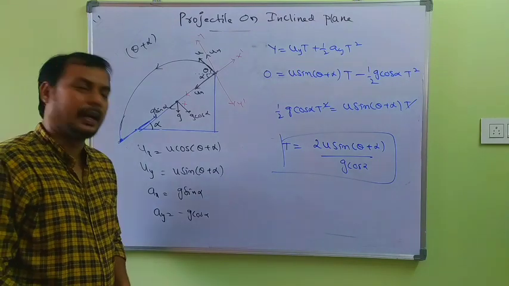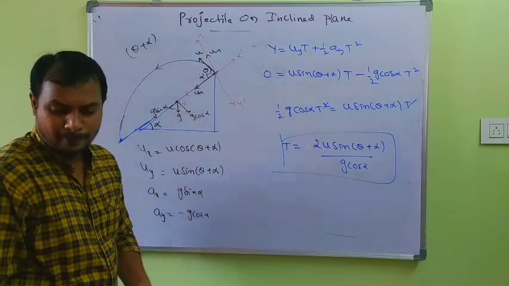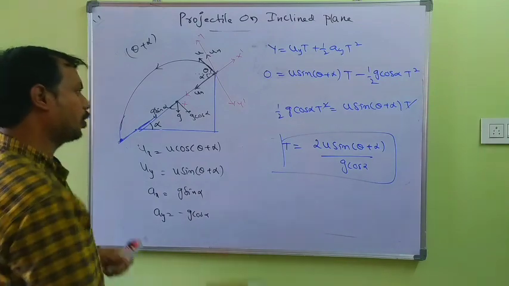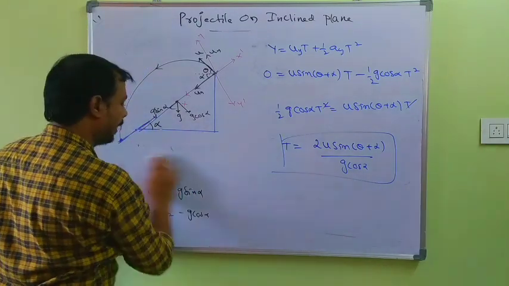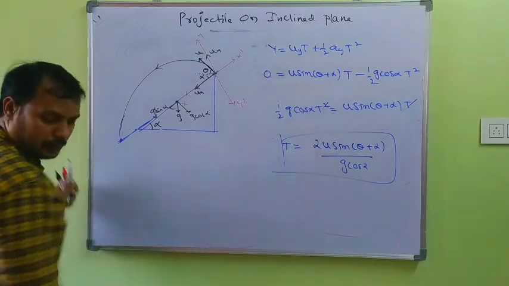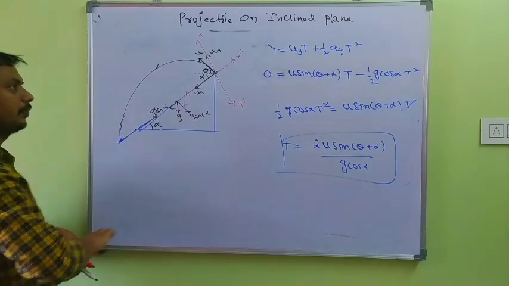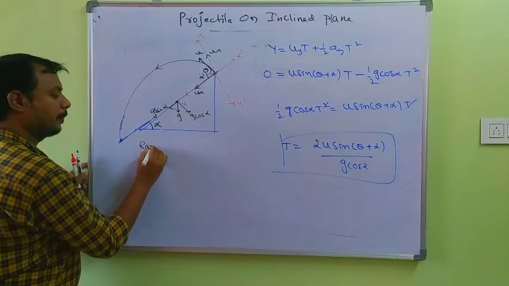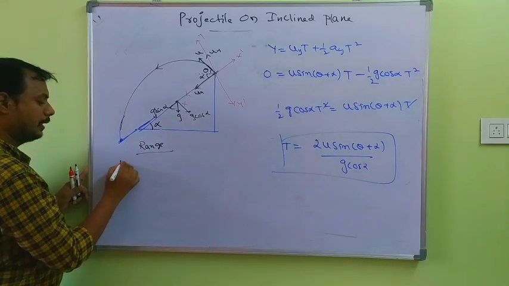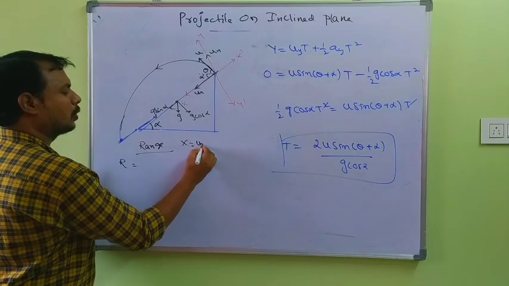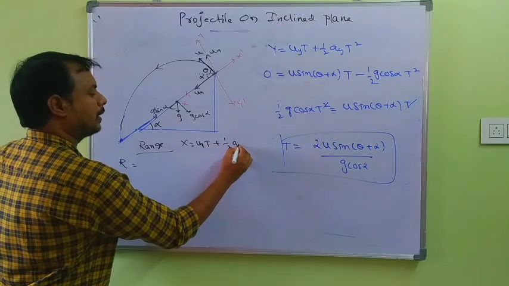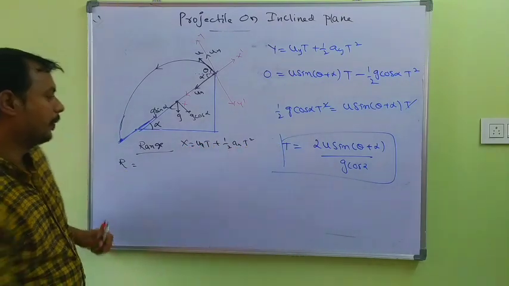Now calculating range, similar to the previous derivation. For range, x, or r, is equal to ux t plus half ax t square.